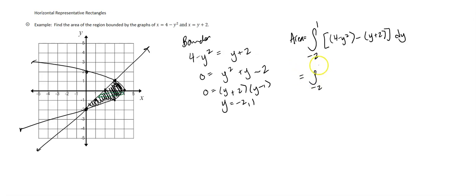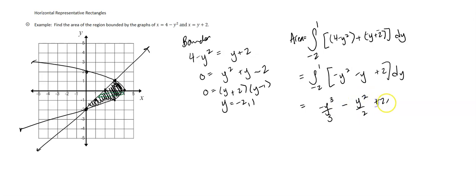And I am going to do some simplification before I integrate. So I'll have negative y squared minus y, if I distribute the negative, plus 2 with respect to y. And that gives me negative y cubed over 3 minus y squared over 2 plus 2y. And that's all going to go from y equals negative 2 to 1.